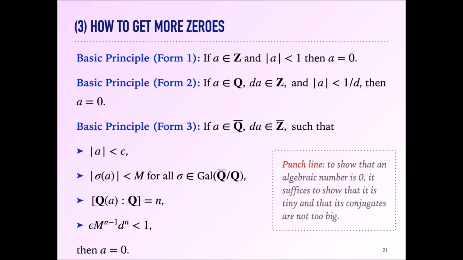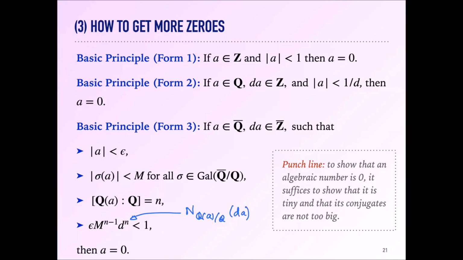Why? Because this is the norm of dA. This number here is the norm from Q(A) down to Q of dA.